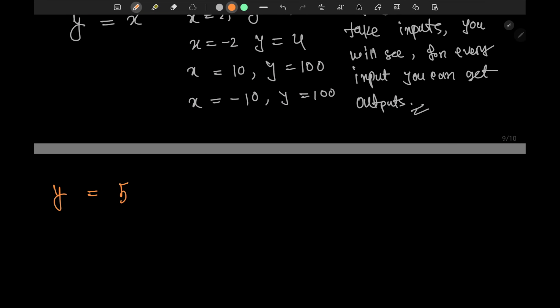Let's say y equals 5. Now you might say, where is my x? Well, x is just not there. y equals 5. So no matter which value of x you take, because x does not exist on the right hand side, y is always equal to 5. And this is an example of a constant function.